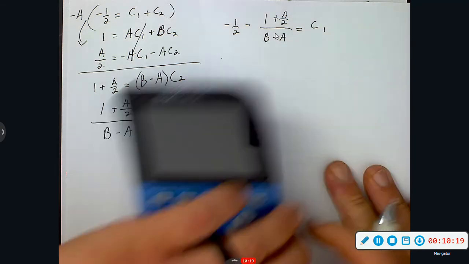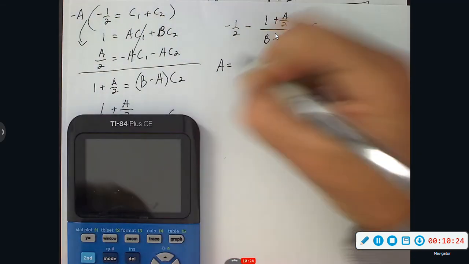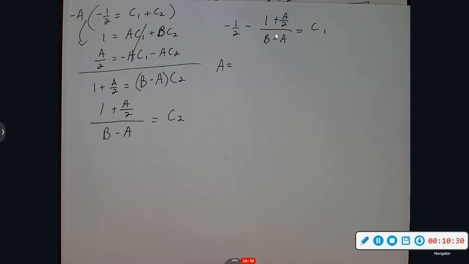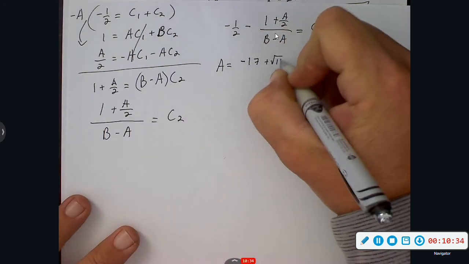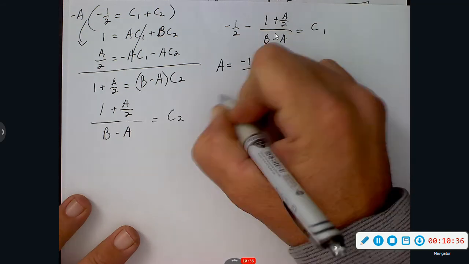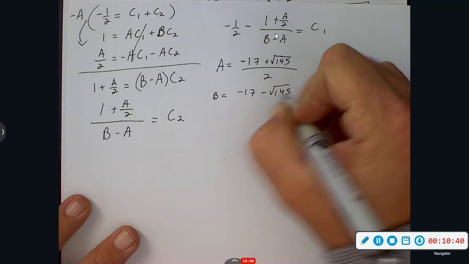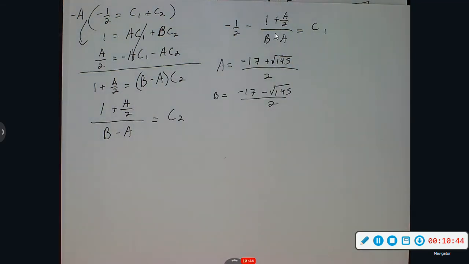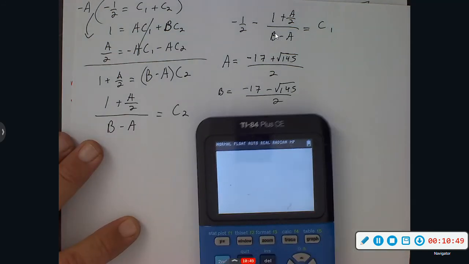I'll just show you how I programmed those in there. Again, A from originally was negative 17 plus the square root of 145, over 2. B is negative 17 minus the square root of 145, over 2. So here we are.